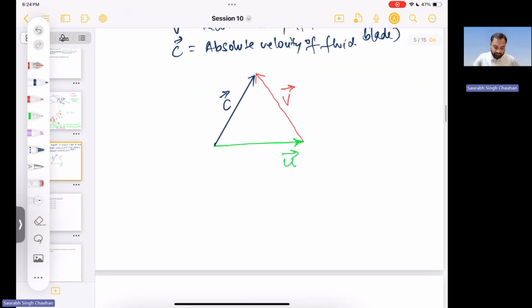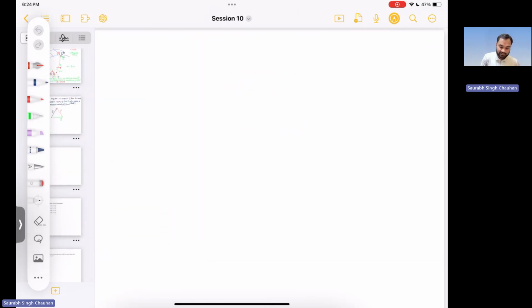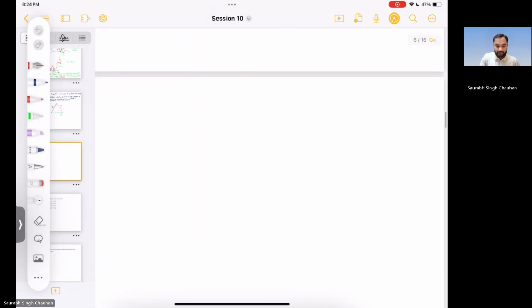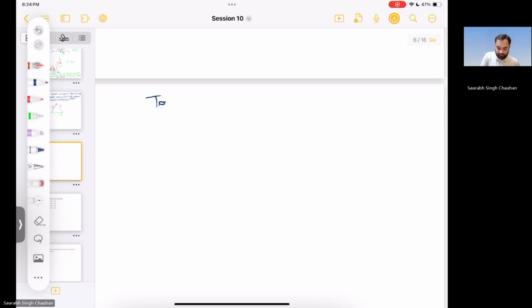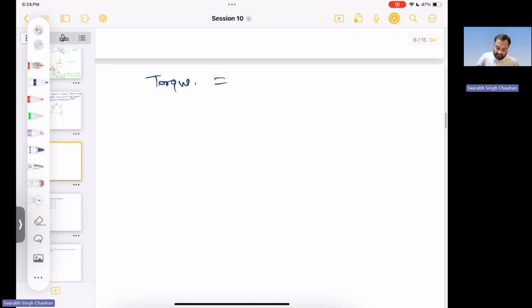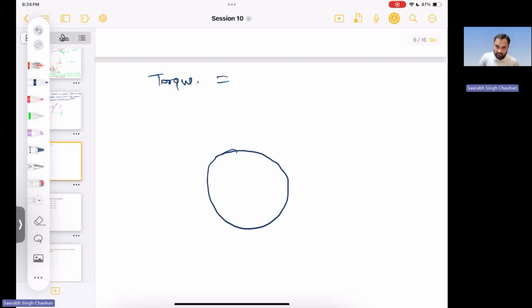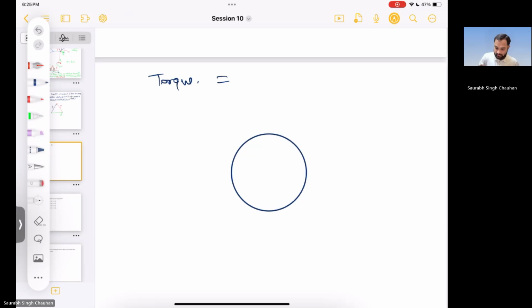Now, one more concept from your high school. We know torque. Let us make something like this. You have some wheel, this is the center, and you are applying some force.